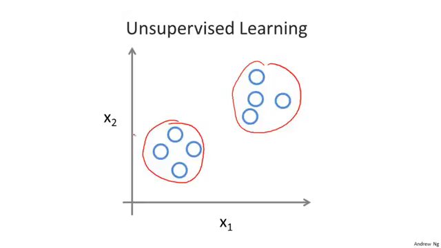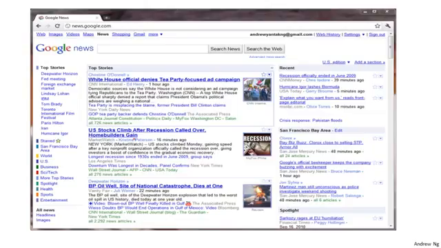One example where clustering is used is in Google News. And if you've not seen this before, you can actually go to this URL, news.google.com, to take a look. What Google News does is every day it goes and looks at tens of thousands or hundreds of thousands of news stories on the web, and it groups them into cohesive news stories. For example, let's look here.